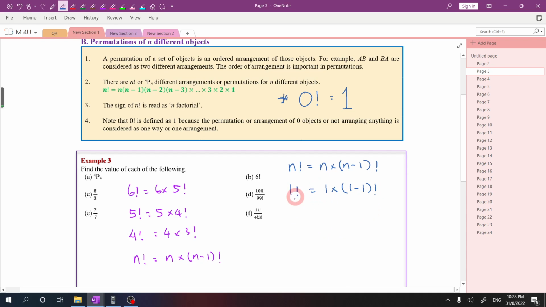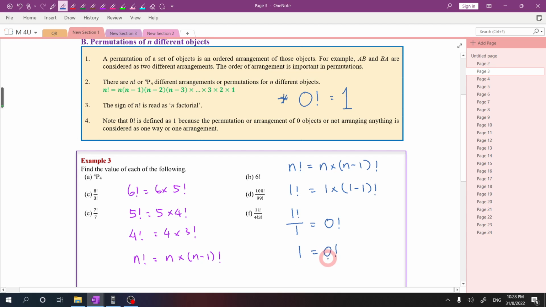Okay, so 1 factorial is actually equal to, I bring the 1 over here first. 1 times 1 minus 1 factorial. 1 minus 1 will be equal to 0. Okay, just copy the factorial. 0 factorial. Okay, 1 factorial is equal to 1. And 1 is equal to 1, right? So 1 divided by 1, you get 1.